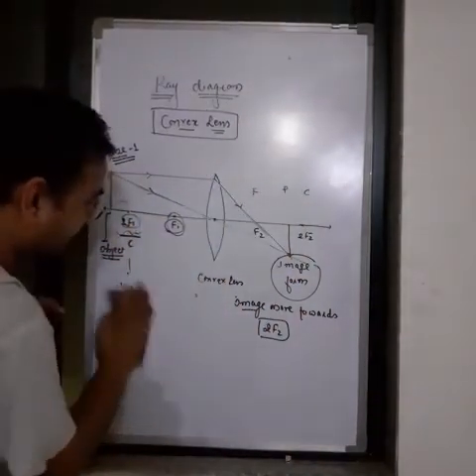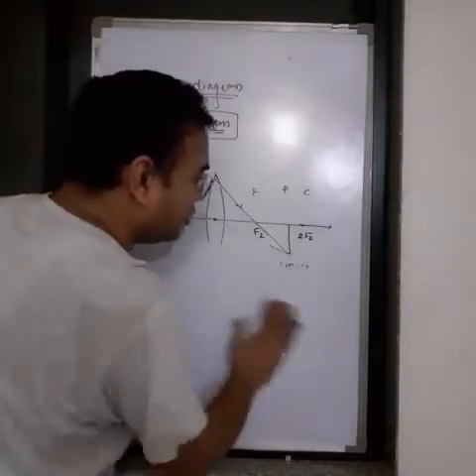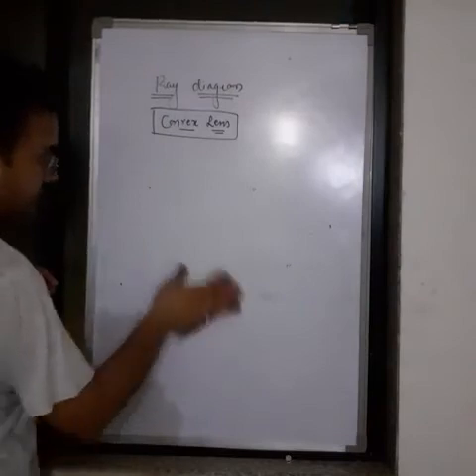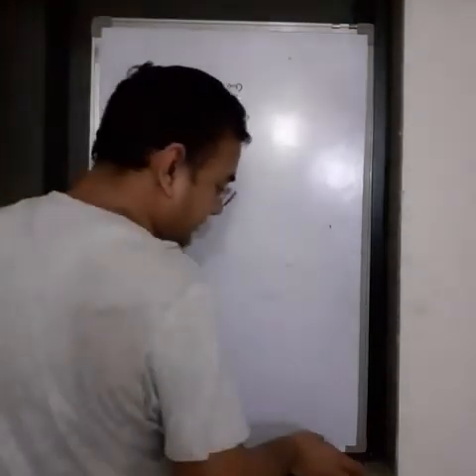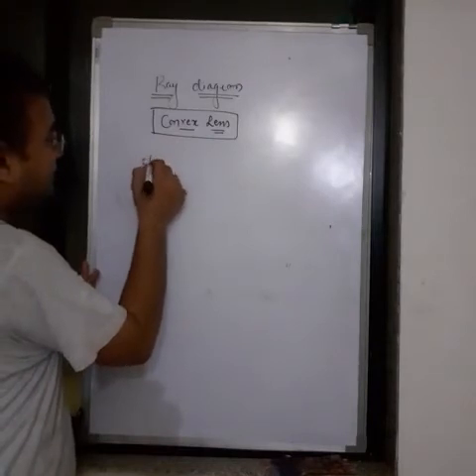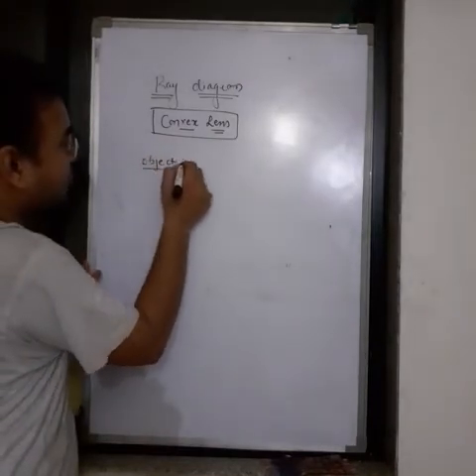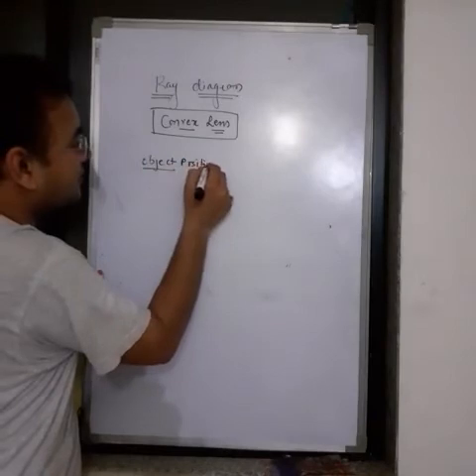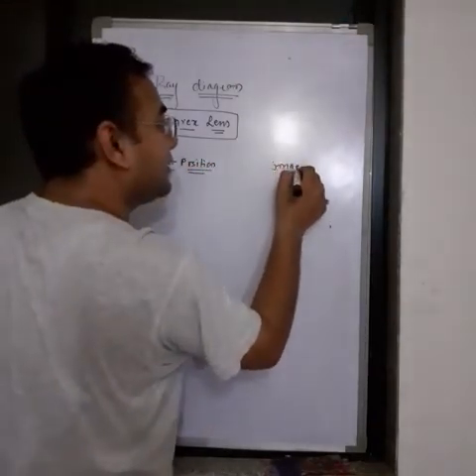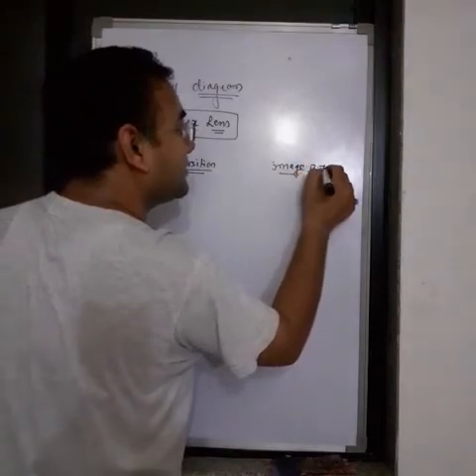Let's see. We are just going to tabulate all the forms. Here we have object position, and here we have image position.